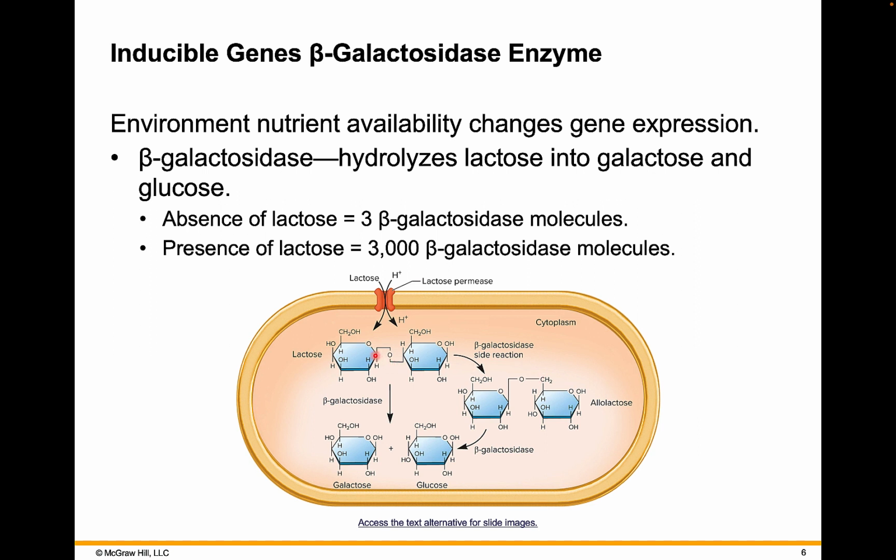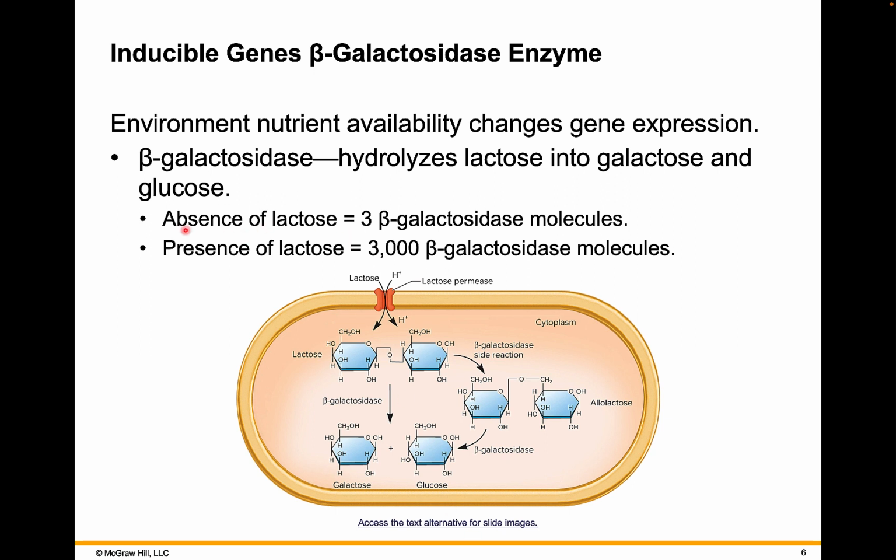If you count the carbons, it is 1, 2, 3, 4, 5, and 6. So this is your 1 and 4. Here it is 1, 2, 3, 4, 5, and 6. So this is a beta-1,6 linkage. This molecule is known as allolactose. But the end products are basically galactose and glucose that can be utilized by the cell for energy production.